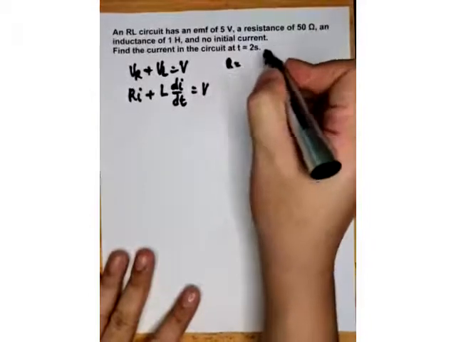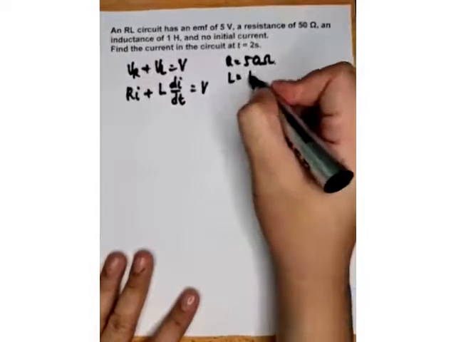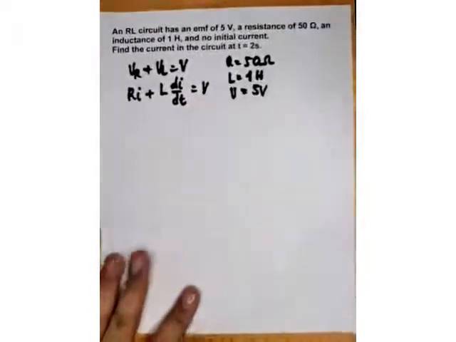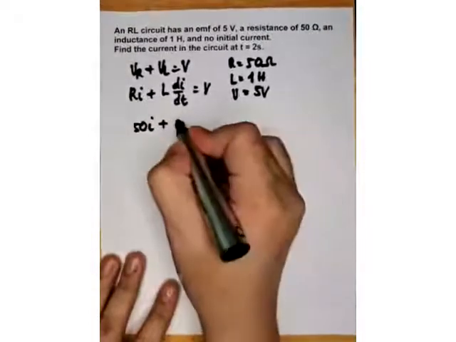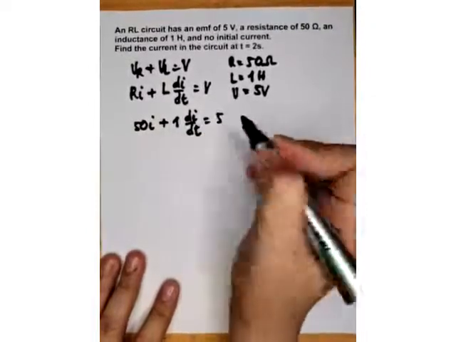R is given, that's 50 ohms. L is 1 Henry. And the given voltage is 5 volts. Ayan. So let's substitute. So we'll have 50i plus 1 times di over dt is equal to 5.